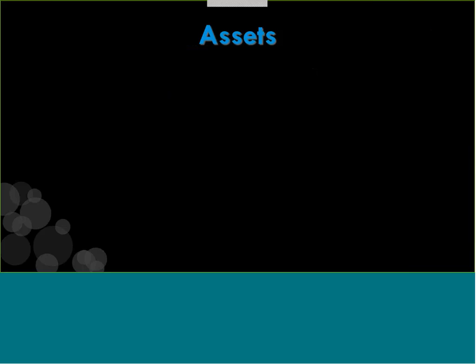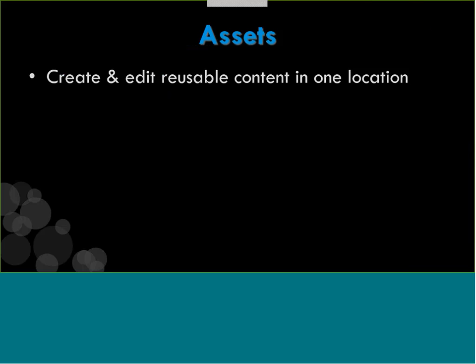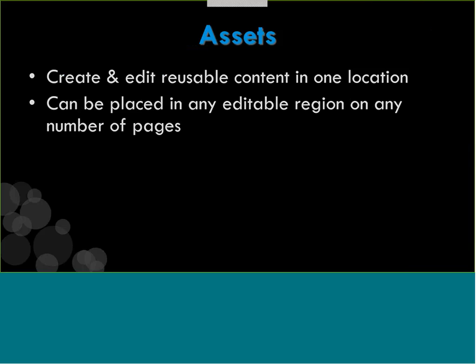So let's first start by talking about assets. Assets allow you to create and edit reusable content in a single location, and once you've created it, you can insert it into any editable region on any number of pages that you want. Among other things, this protects your content from changes.